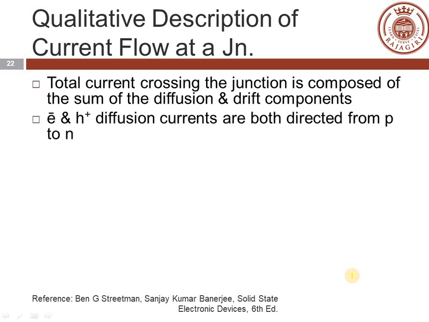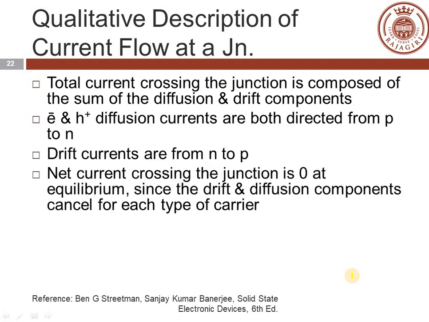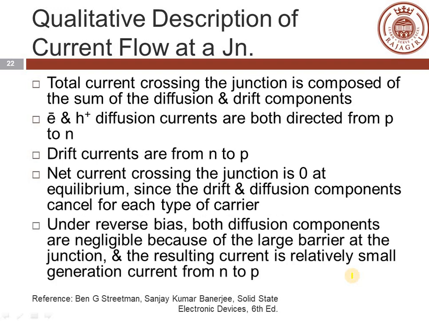Electron and hole diffusion currents are both directed from P to N. Drift currents are from N to P. The net current crossing the junction is 0 at equilibrium, since the drift and diffusion components cancel for each type of carrier. Under reverse bias, both diffusion components are negligible because of the large barrier at the junction, and the resulting current is relatively small, a generation current from N to P.